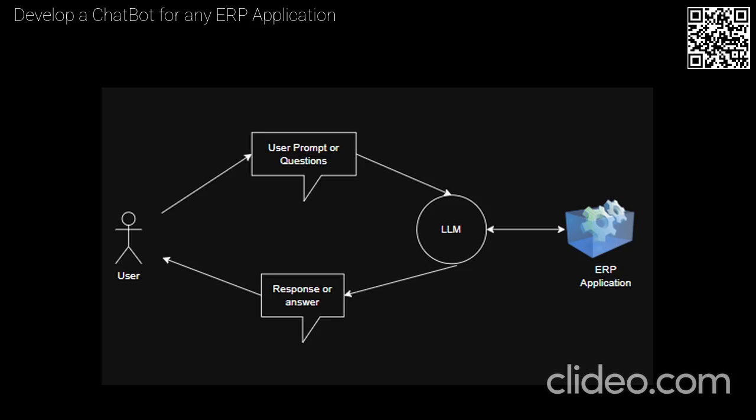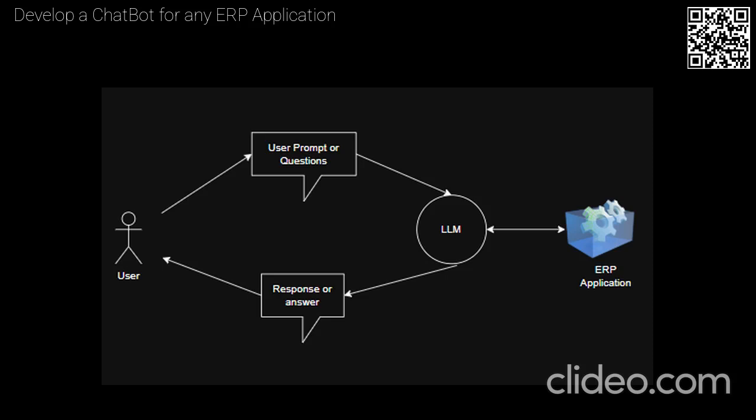In this case, it could be the end user, and they will explain the problem or ask questions in natural language. Then the LLM tries to understand that context, that question, and what needs to be done. That's the purpose of the LLM, so that's the input to the LLM.